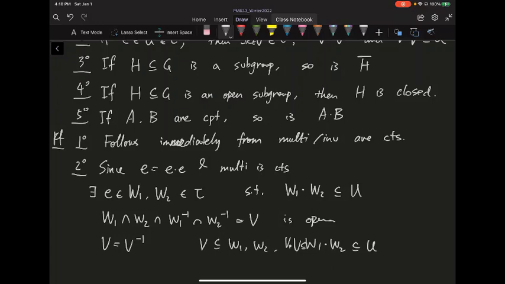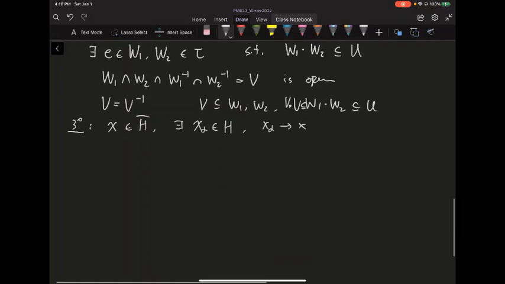Okay, for the third property, this is kind of trivial. If you take any X inside H closure, then there exists some net X alpha inside H so that this net converges to X. And you do the same for Y. Y is inside the H closure, so there exists a net Y alpha inside H so that Y alpha goes to Y as well.